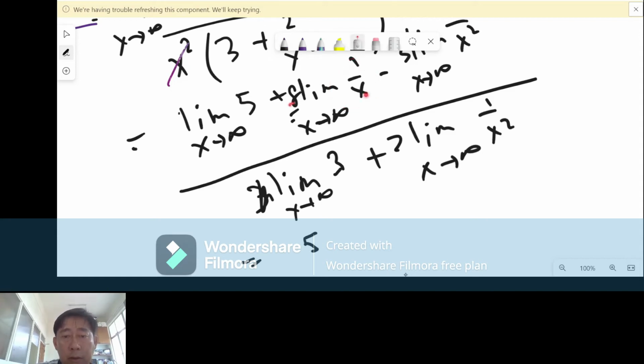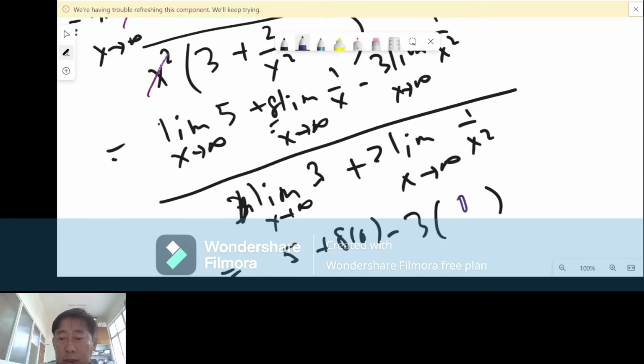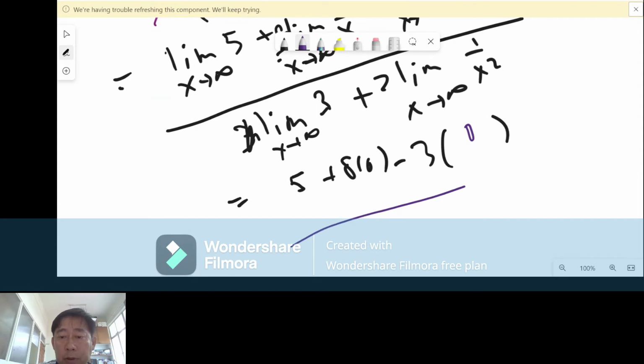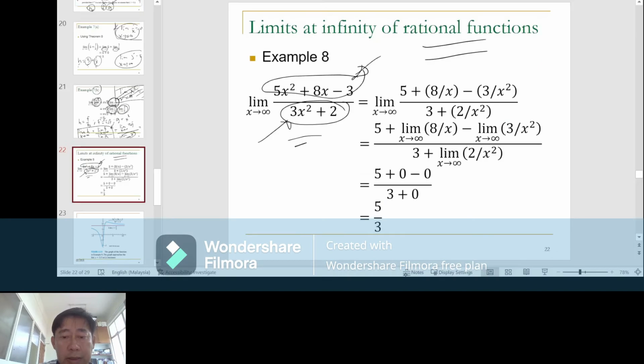So 8 times 0 is 0, minus 3 times the limit of 1 over x squared when x goes to infinity, which is a result of 0 that has been shown in the previous example. Divided by a constant of 3 plus 2 times 0. So what is left is just a number, which is 5 over 3. So this is the result of the limit for this example.